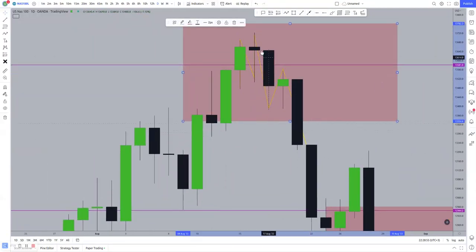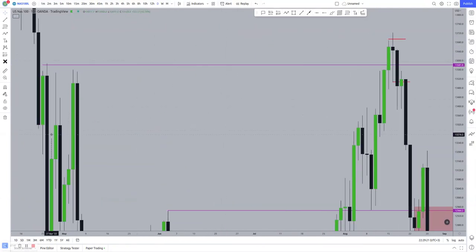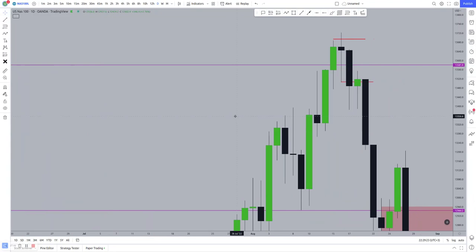Let me remove this thing. What is this? A high has been taken out, and then we break this low. What do you see? Smart money reversal. Can you see how price respected this area that was taken out?